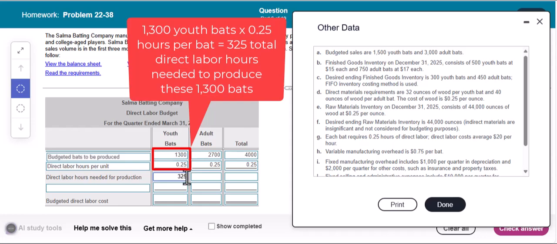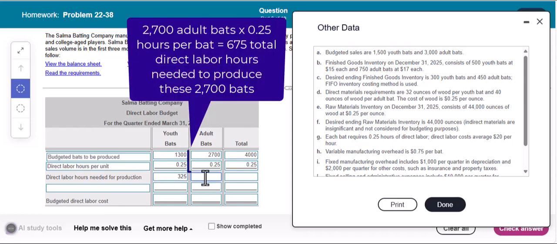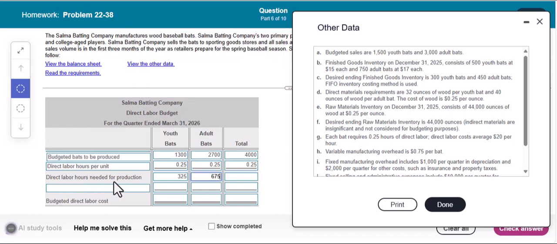And for the adult bats, that is going to be 675 hours to make 2,700 bats. Then we'll add the direct labor hours needed for production across, and that gives us 1,000 hours total.